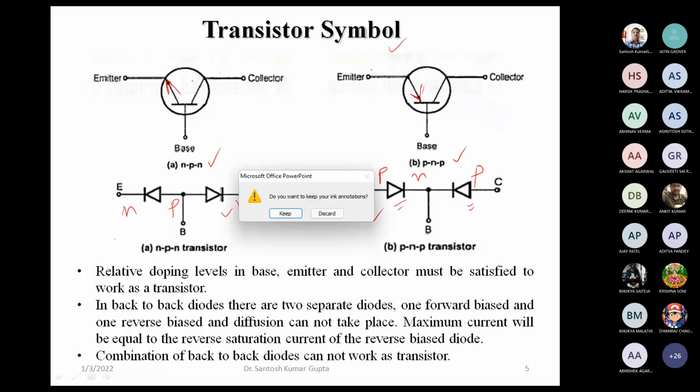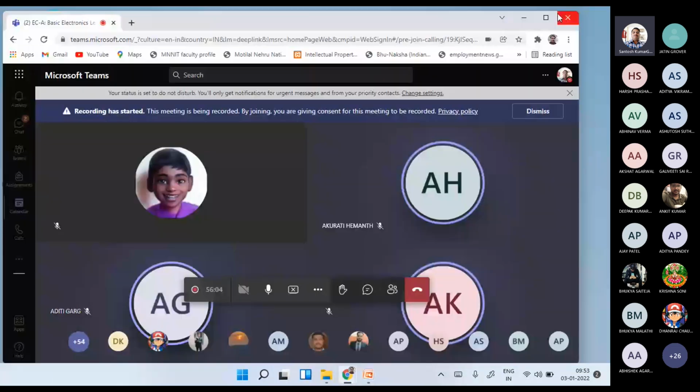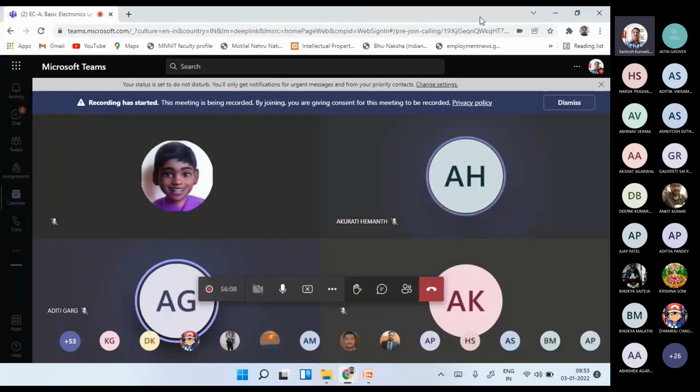You said there is a substrate part. What is this substrate? Substrate is the thing on which we put our device. Every transistor, every device has a substrate.